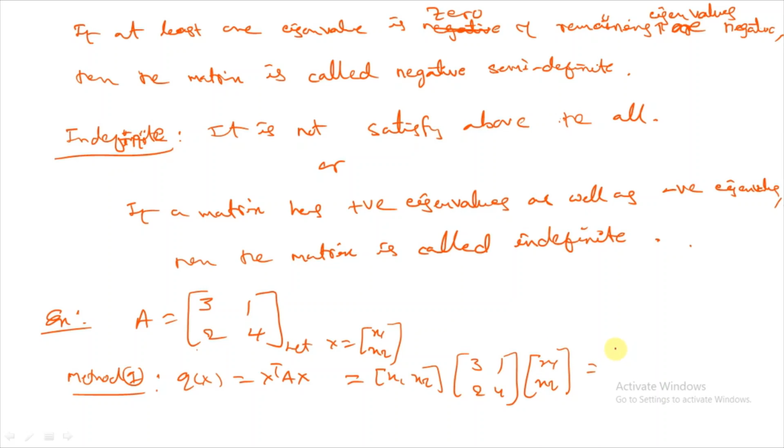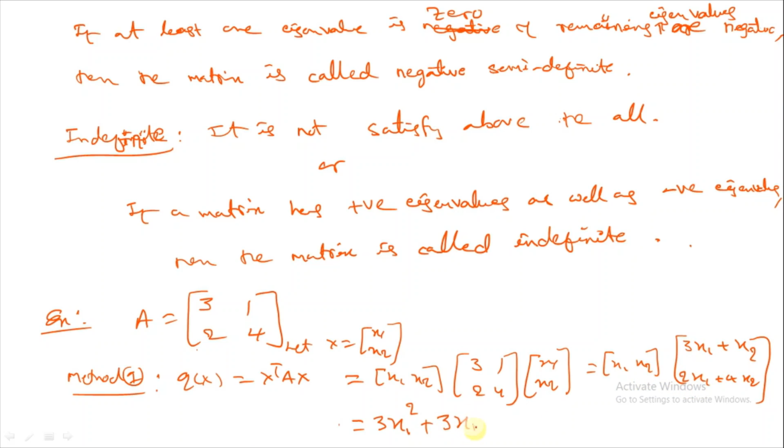Multiplying this out, we get (3x1 + x2, 2x1 + 4x2), so the product is 3x1 squared plus x2 x1 plus 2 x1 x2 plus 4 x2 squared, which can be written as 3 times (x1 plus 1/2 x2) squared plus a multiple of x2 squared.